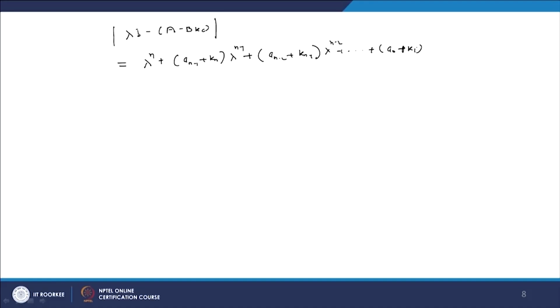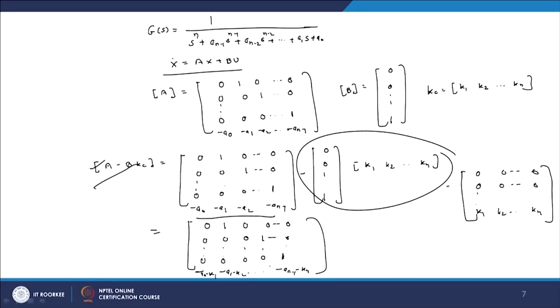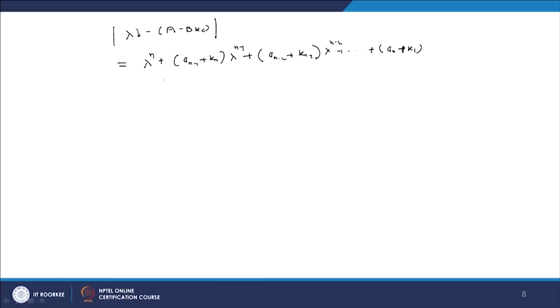So, if you see the equation, this is in companion form. Once the matrix is in companion form, we can directly write the equation like this: lambda raised to n, a n minus 1 plus Kn lambda n minus 1, a n minus 2 plus K n minus 1 lambda n minus 2, up to a0 plus K1.